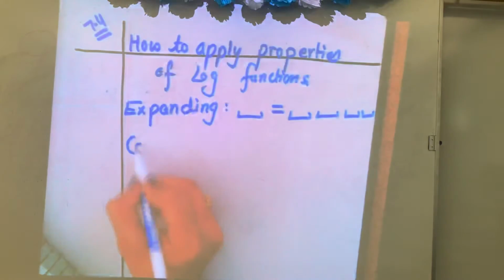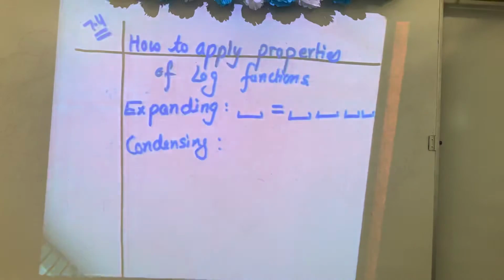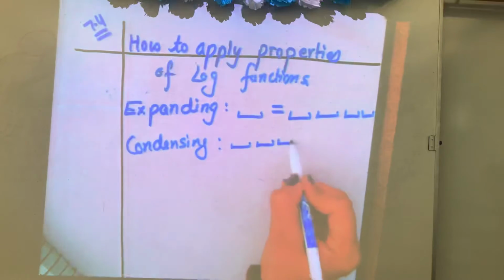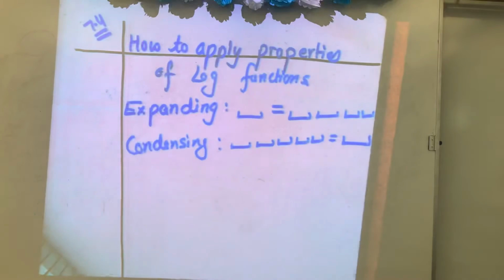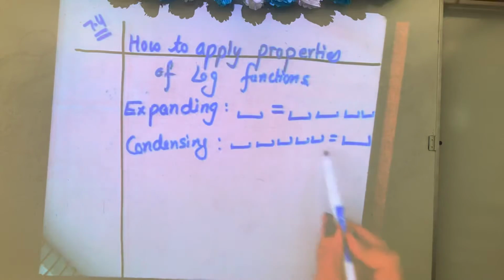Condensing is the other way around: you start off with multiple pieces and make it into a single log, one expression. So I repeat, expanding, you start with one and make it into multiple pieces. Condensing, you start with multiple pieces and make it into a single expression.